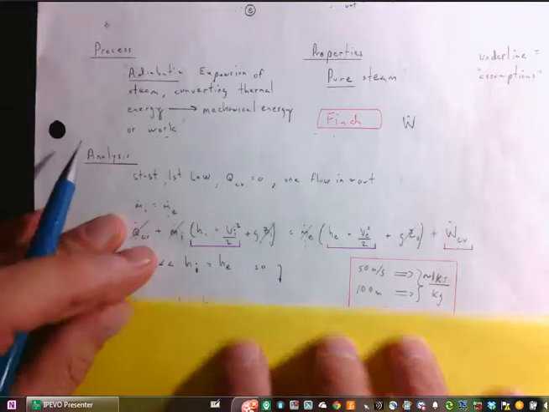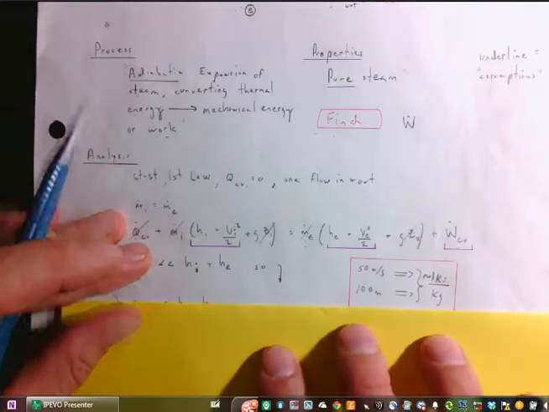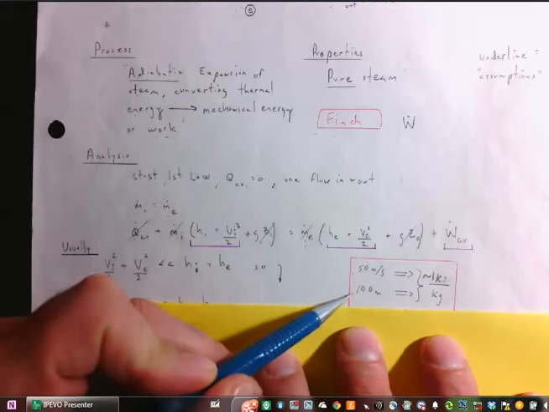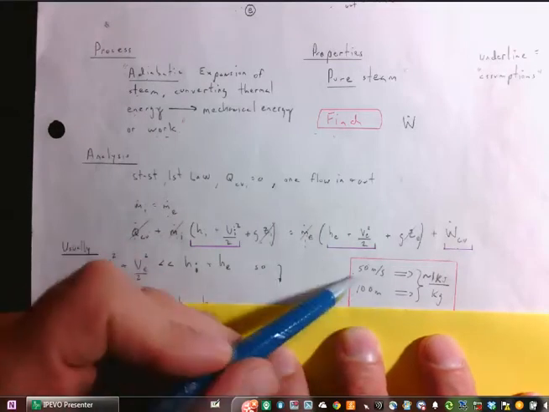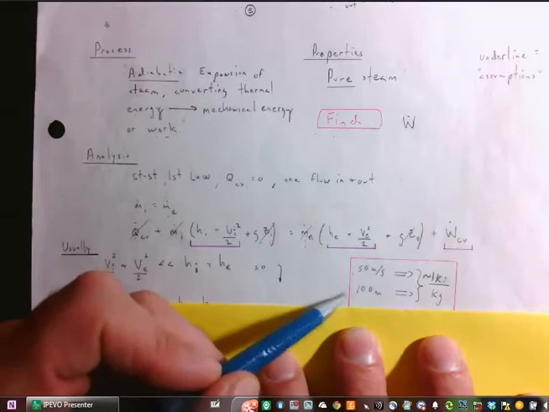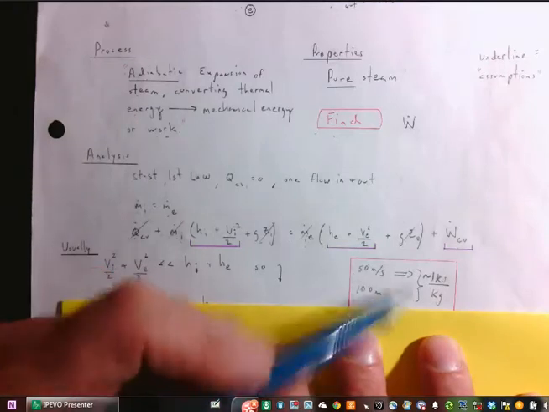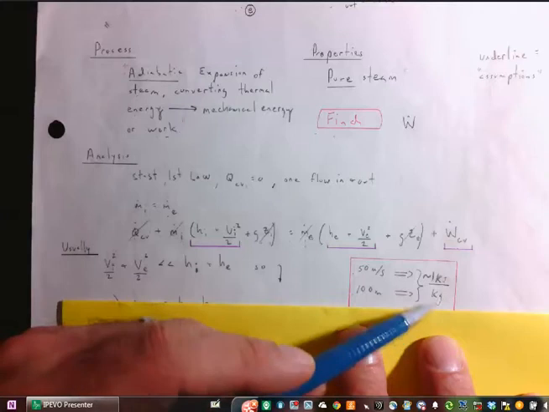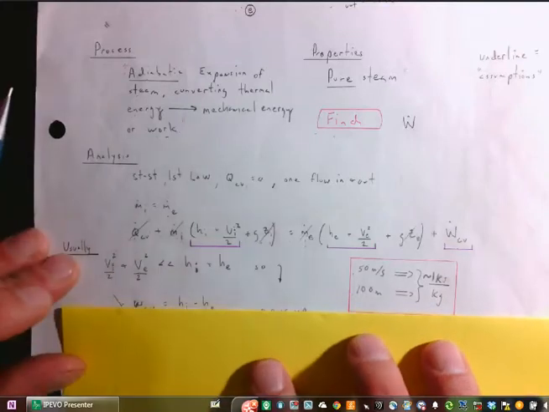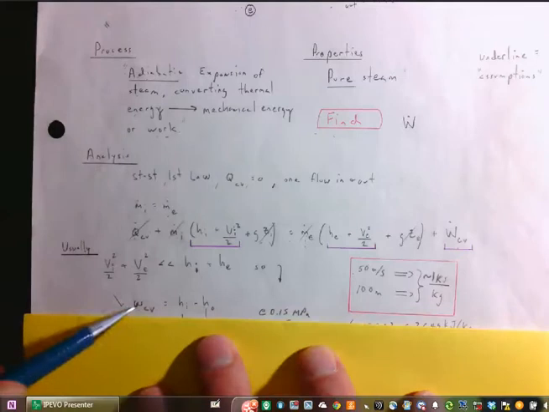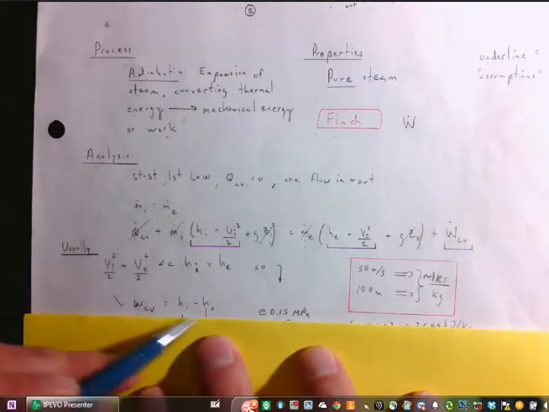In fact, the rule of thumb is that if the delta of velocity or the delta of elevation are not in this range, you can largely neglect it. As you can see, these values result in about 1 kilojoule per kilogram worth of energy. As a result, the final and most important reduced equation is the specific work equation.